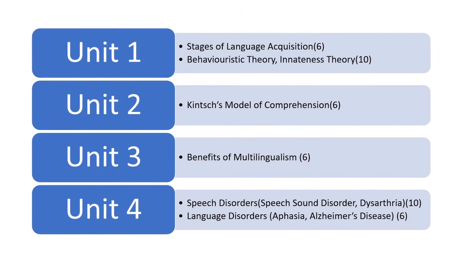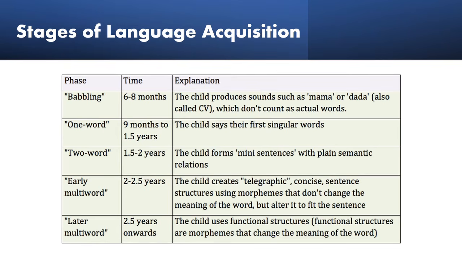Now, looking into the answers, stages of language acquisition. This is based upon children, how the child acquires a language from the time of birth. The first phase is babbling, second one word, then 2 word, early multi-word and later multi-word. These are the explanations for that.